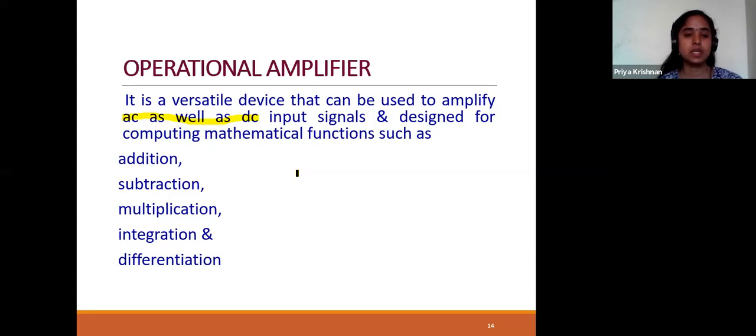It accepts both. If you apply AC, it works for AC; if you apply DC, it works for DC also. It is mainly designed to do many mathematical operations, such as addition, subtraction and multiplication. I have listed a few here.